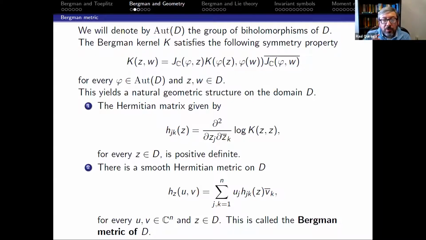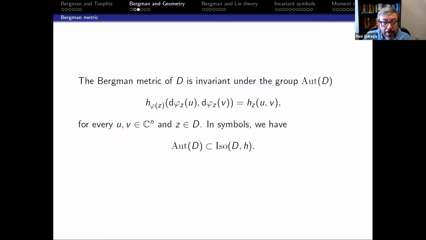So just for free from the reproducing kernel property of the Bergman space on the bounded domain, you get this Bergman metric, some geometry. The geometry is very nicely related to the holomorphic properties of D because of this property. The automorphisms preserve this Hermitian metric in this sense.